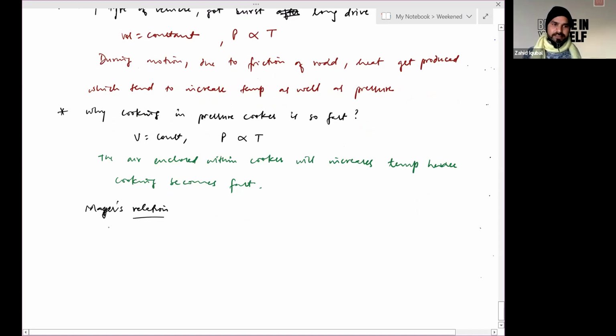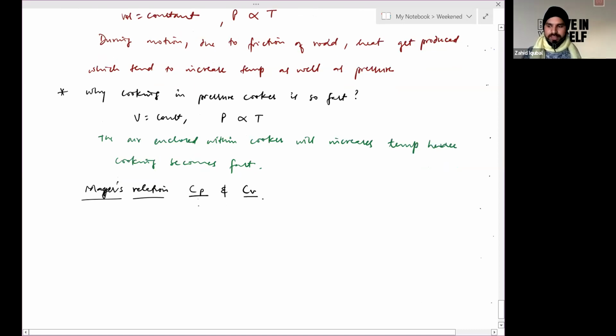It simply defines the relation between Cp and Cv. Let me derive a relation between Cp and Cv, and they will ask you which of these two is greater and why. This will be a most important question for your upcoming examination.